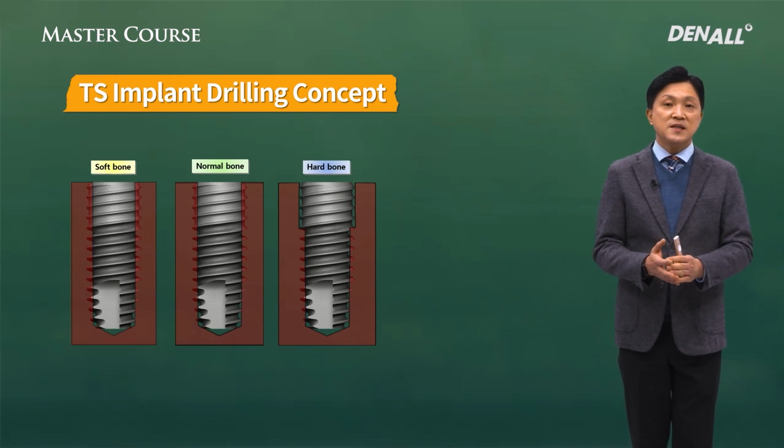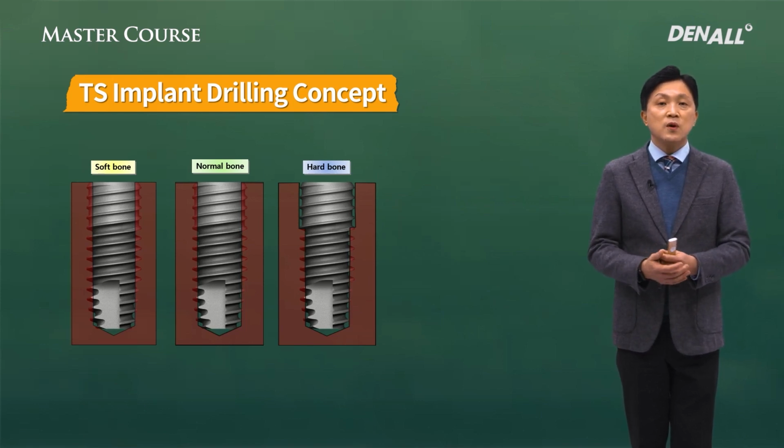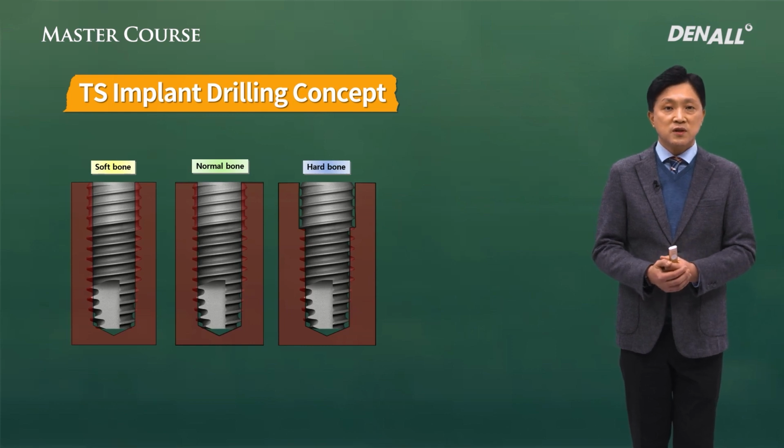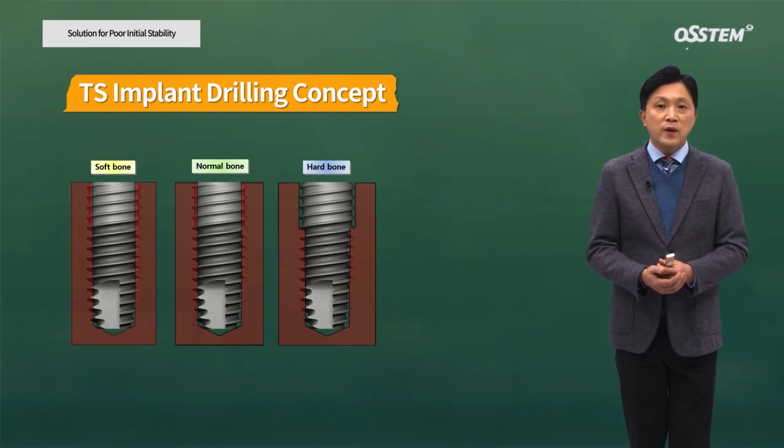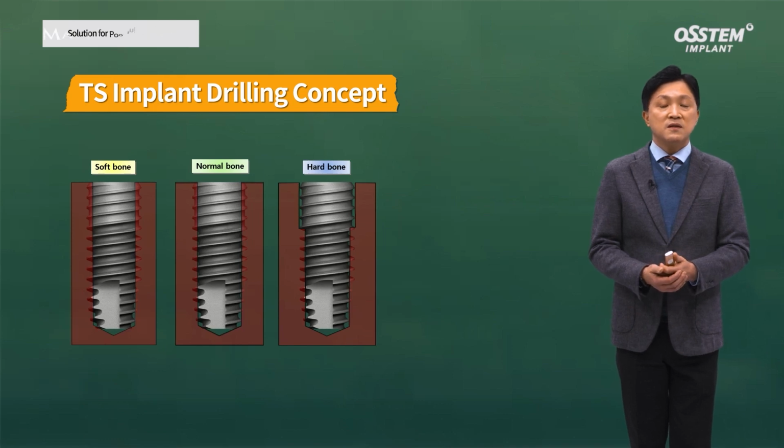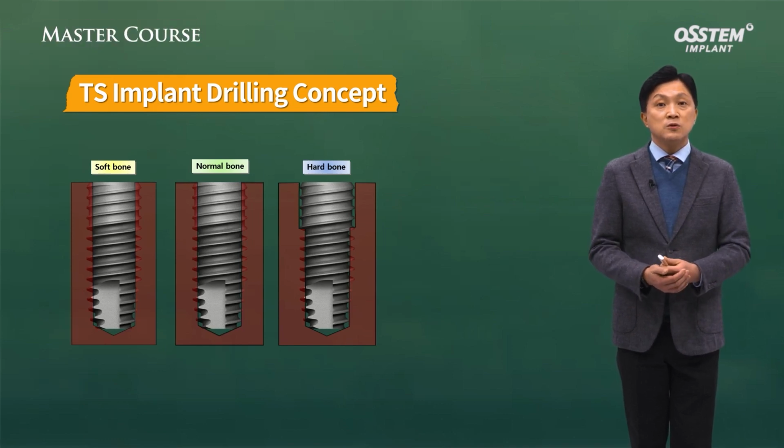For soft bone, one size under drill needs to be used, and the contact surface between bone and implant should be maximized. For hard bone, bone and implant would come in contact only at the bottom, so that excessive initial stability can be reduced.